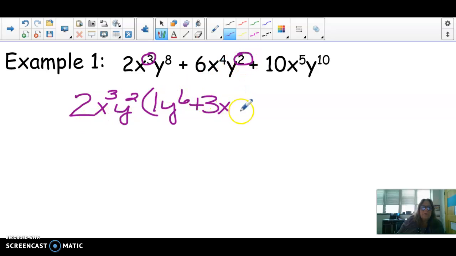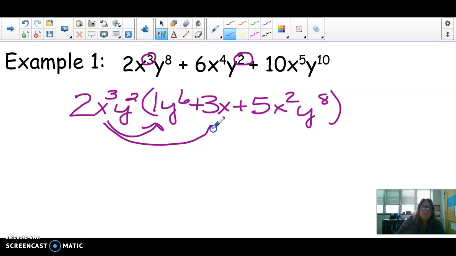And y squared divided by y squared, I don't have any left. 10 divided by 2 gives me 5. 5 minus 3 gives me x squared. And 10 minus 2 gives me y to the 8th. You can always check these by going back and using your distributive property to make sure that you get back what you had originally. I'm not going to spend time multiplying those back, but you can.